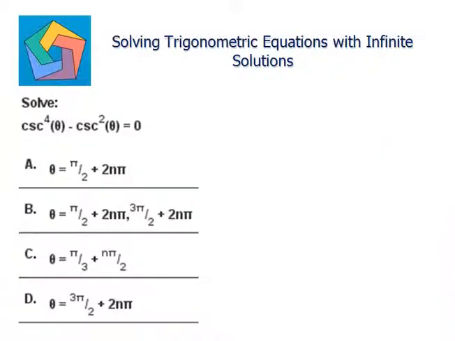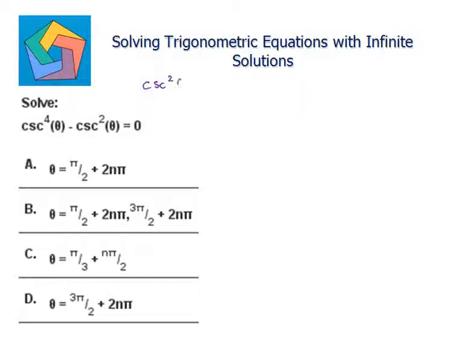Next problem. Solve: cosecant to the power 4 theta minus cosecant square theta is 0. So we can take cosecant square theta common. Let's factor it out.